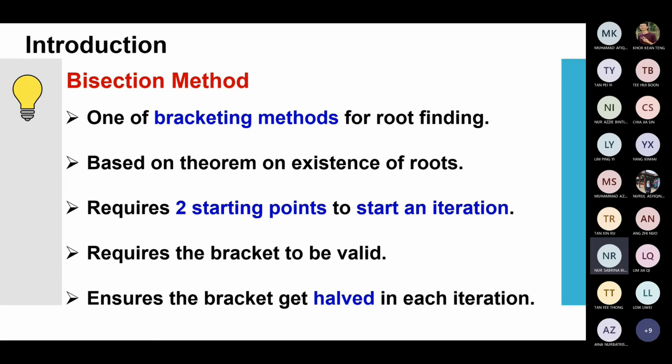Every time, you take the mid value: add the lower value x1 and the upper value x2 and divide by 2. Then use that approximated value, the iterative formula value, substitute it into the function, and check whether the process converges.